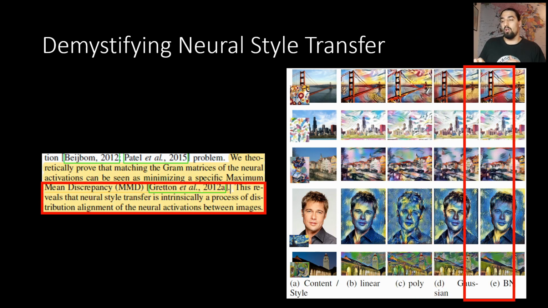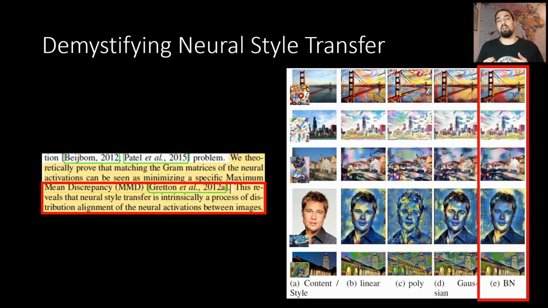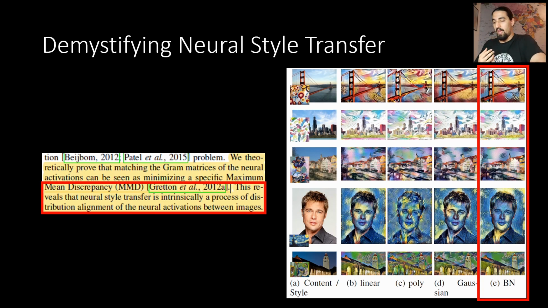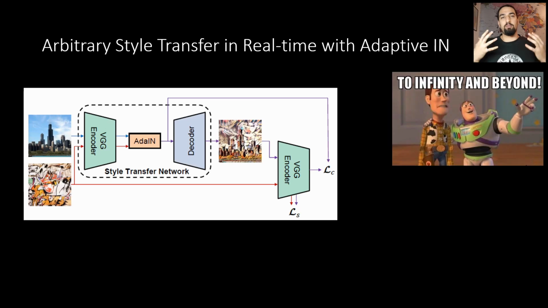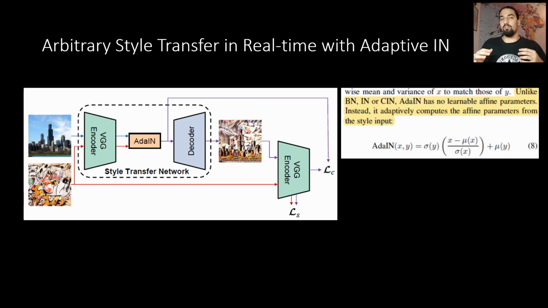And one that will be important for us is this batch normalization statistics. And we already saw a hint for that in the conditional instance normalization paper. Now, this work took it even further and achieved infinite flexibility, i.e. it can transfer any style possible. And it does that the following way.